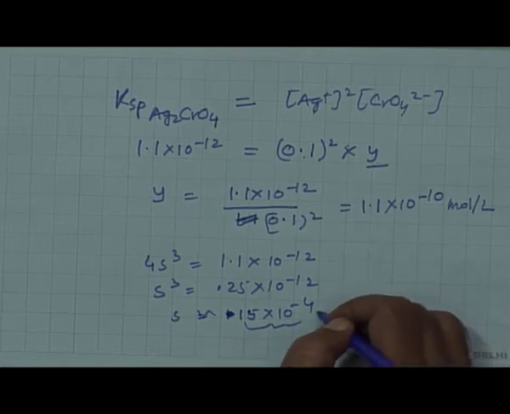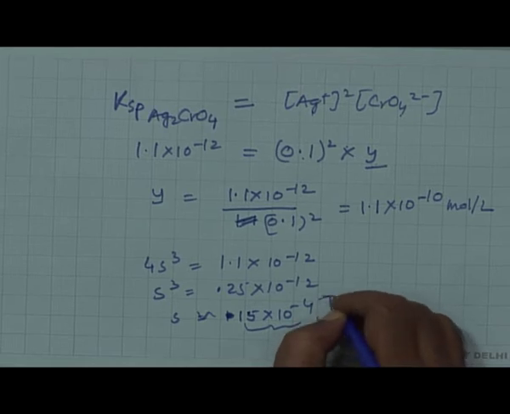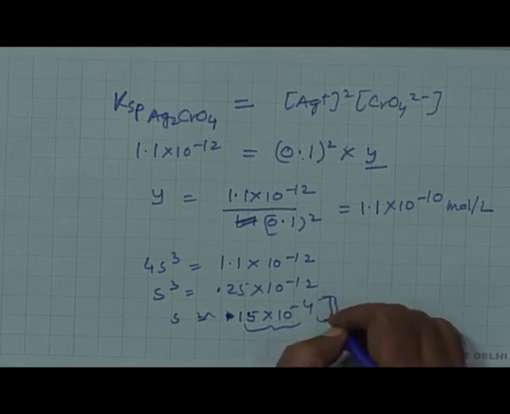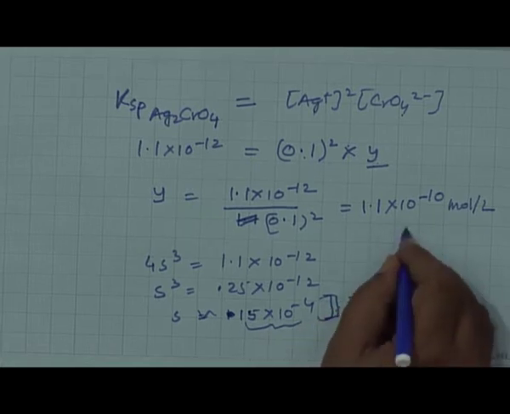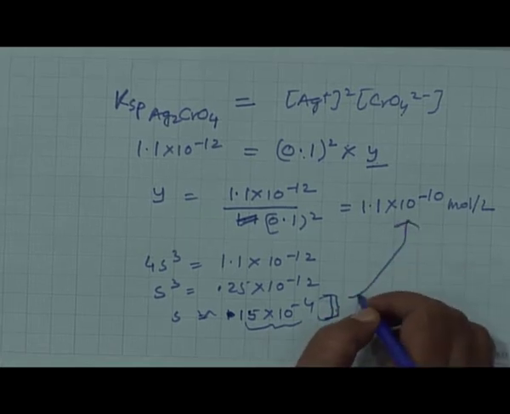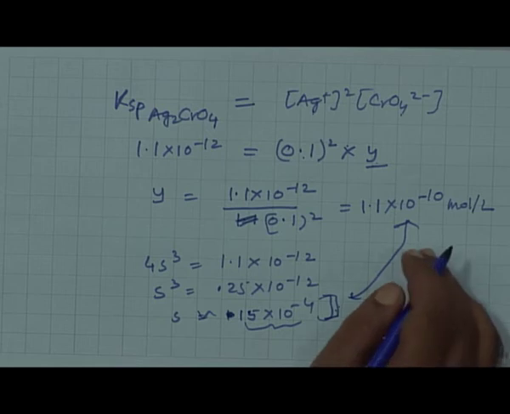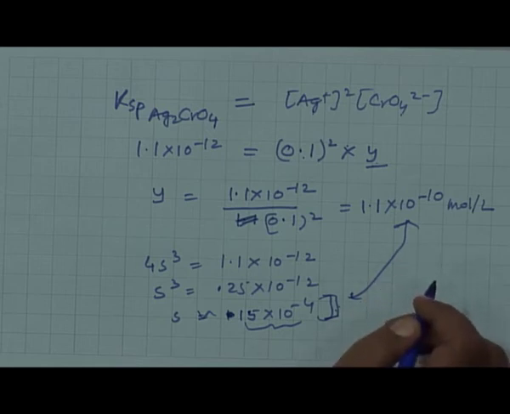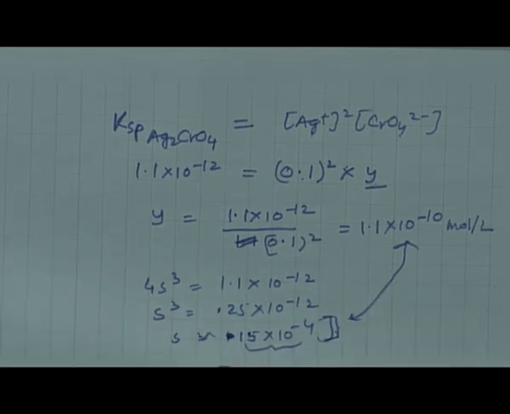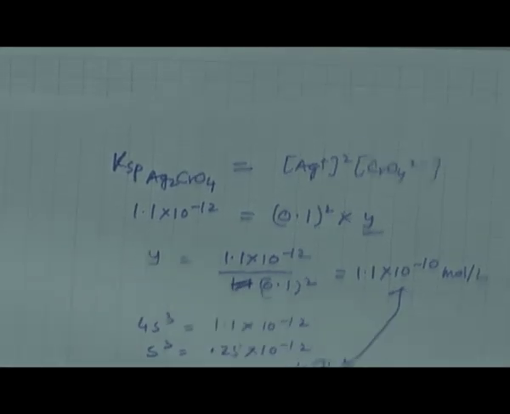But you can see that the solubility of Ag2CrO4 in water is quite greater than the solubility in presence of AgNO3. So, solubility decreases in presence of AgNO3, and that is because of the common ion effect.